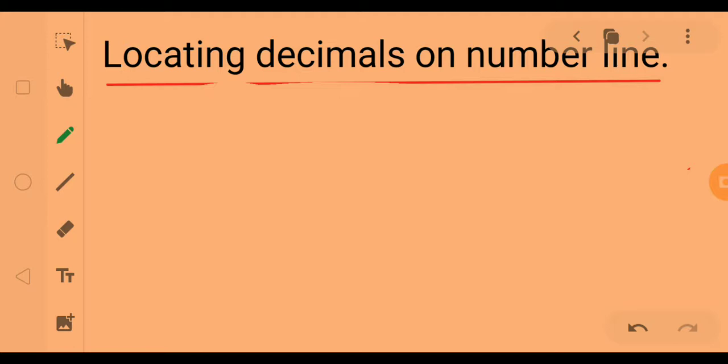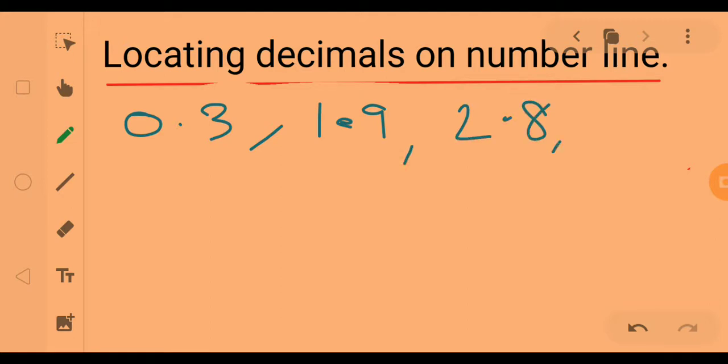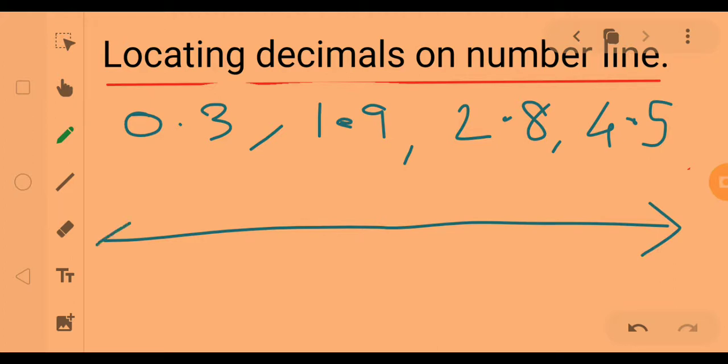We have been given some decimal numbers: 0.3, then 1.9, then 2.8, then 4.5, and so on. First of all, we draw a number line.